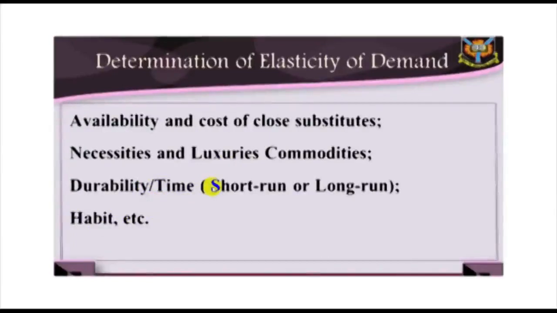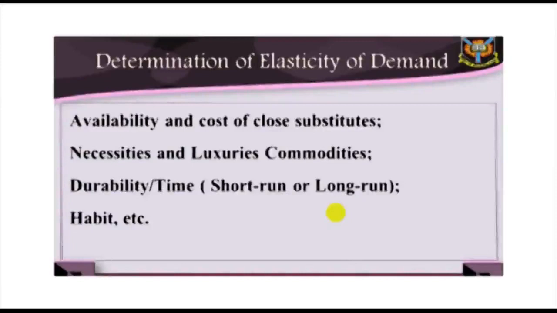Number 2, necessities and luxuries. Commodities can be classified into two: necessities and luxuries. Necessities have highly inelastic demand. This is because they are necessary to life, and when their prices rise, consumers have no choice but to cut back expenditure on other products and go on buying the necessities, e.g. salt, pepper, housing.